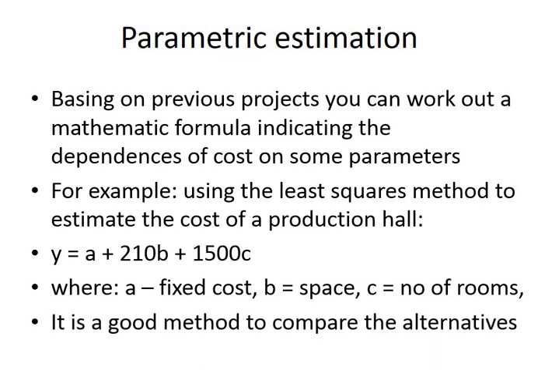As you can see, let's say that we want to compare the cost of building the buildings, and in this case there's a fixed cost, and there's the total space and the number of rooms, which determine the total cost of a building.